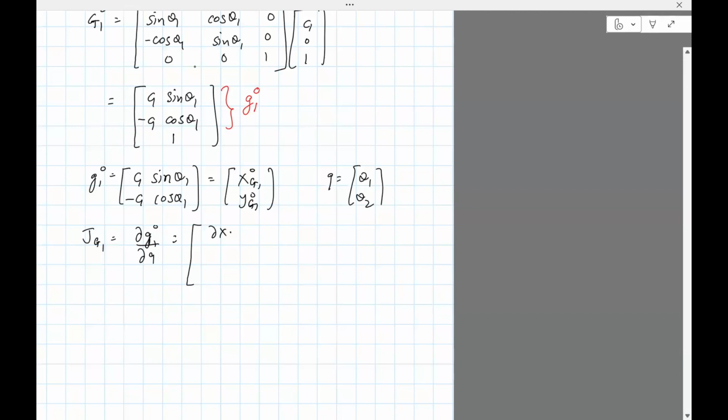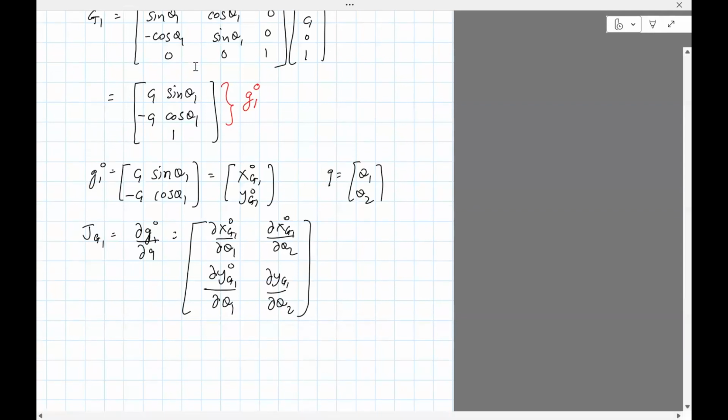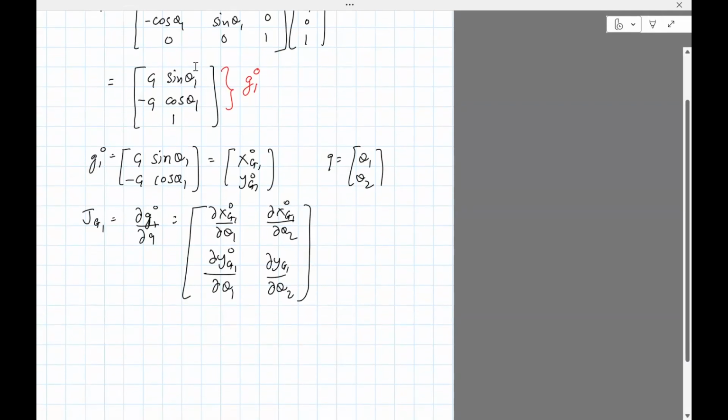This will be the derivative of XG1 with respect to theta 1, with respect to theta 2, the derivative of YG1 with respect to theta 1, with respect to theta 2. Because G is a vector of 2 elements and Q is 2, the J is going to be 2 cross 2.